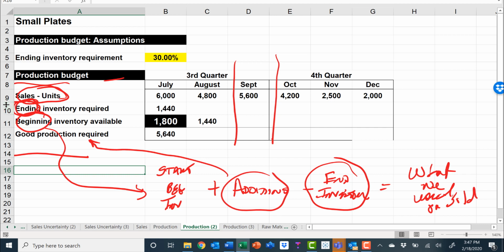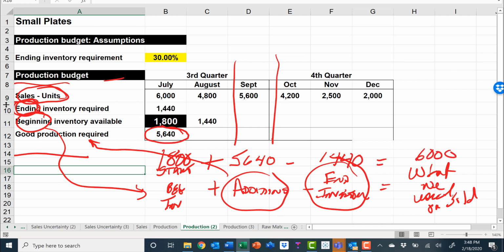So then when we think about how did we get this 5640, I've got the beginning of 1800. I'm going to add the additions of 5640. I'll subtract my ending inventory, which was 1440. And that's going to give me my 6,000.